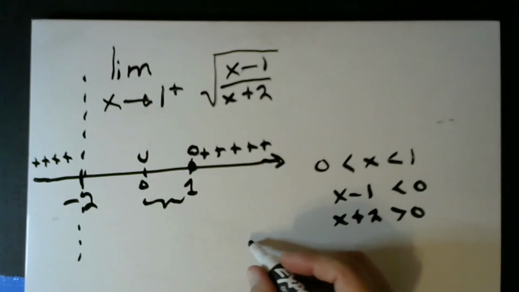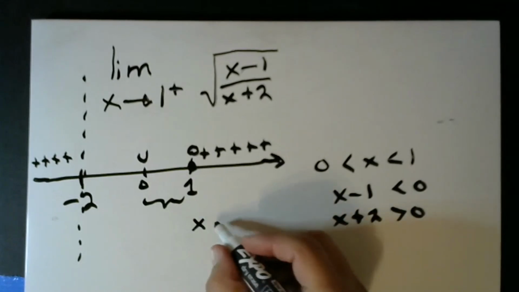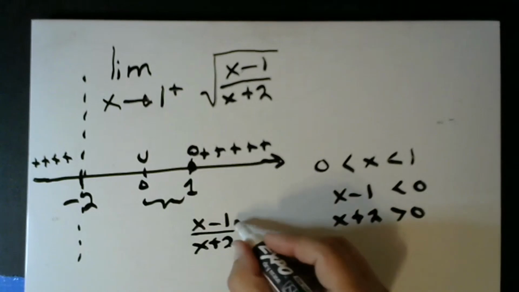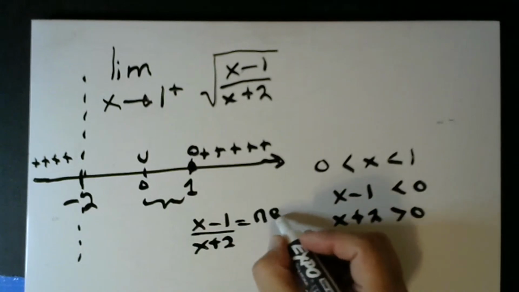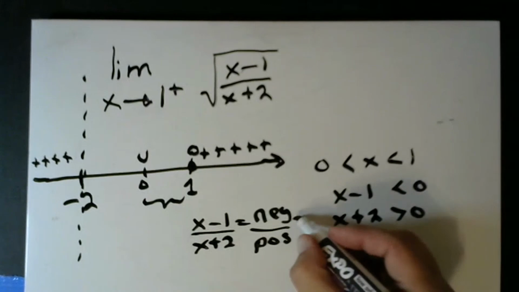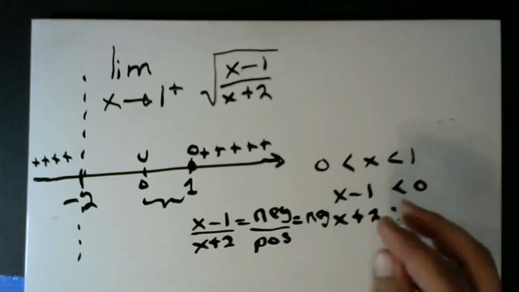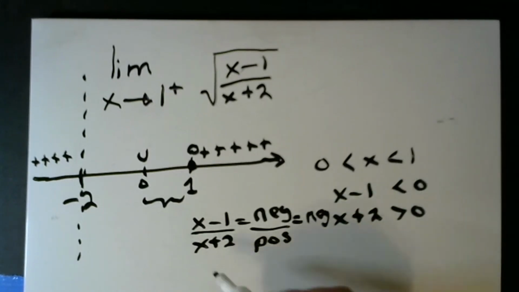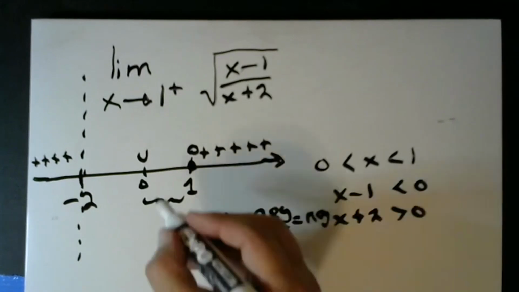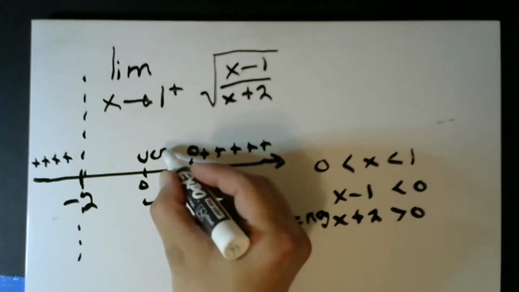So that means over here, x minus 1 over x plus 2 will be a negative number divided by a positive, which is negative. So that means when we take the square root of this, we'll be taking the square root of a negative number. So this is all undefined.